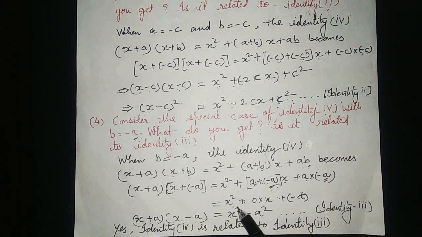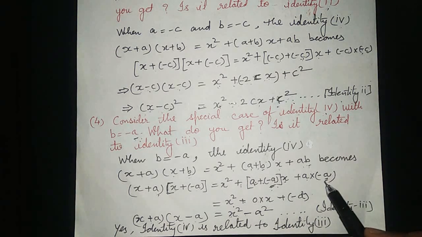Here x square will come plus a plus minus a we will solve. Then here plus minus will come and a minus a we will get 0, and this 0 we multiply by this x, and plus sign we put here. A into a we will multiply, a square will come and this minus a we will put here.